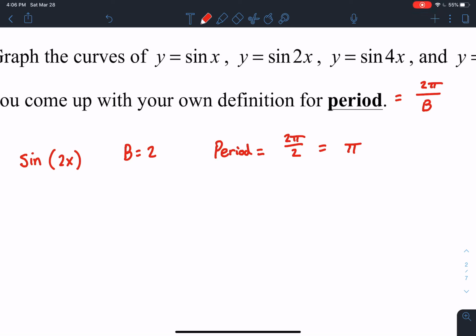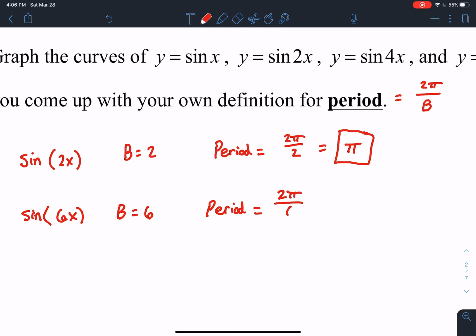So the period here, the length that it takes for the cycle to complete, is 1 pi. If I did sine of, say, 6x, b here is 6, and the period is 2 pi divided by 6, or pi over 3. So this graph, sine of 6x, takes a length of pi over 3 to finish off its cycle, and it's going to have 6 cycles between 0 and 2 pi.